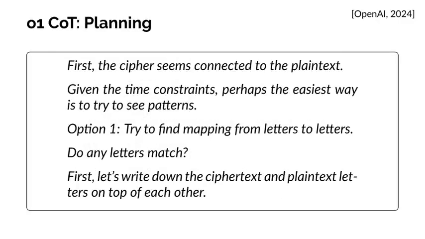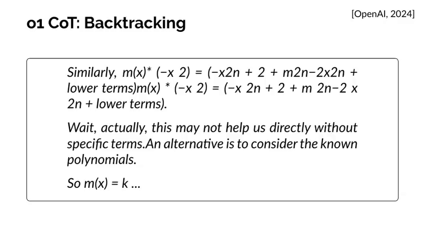In another example, there's a form of rudimentary planning. We can see that the system is aware of the time constraints it needs to answer the problem. It also is able to stop and propose different options and choose which of these it would like to follow. While this is all in English, it's using cues like "first" or "option 1" in order to specify the intermediate steps. Another ability that we see in these chains is forms of backtracking.